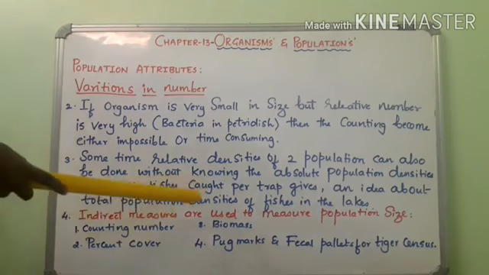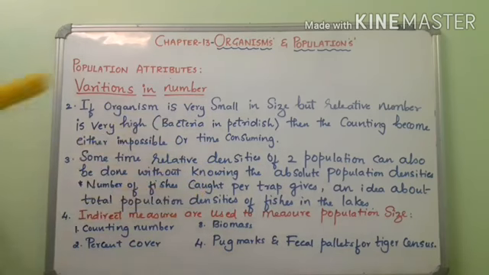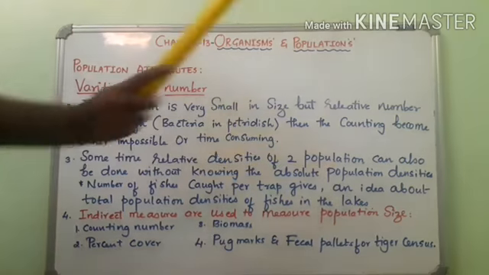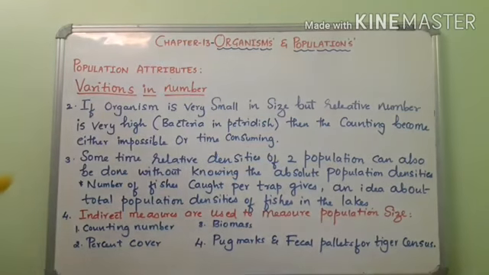Next, absolute population density is nothing but the number of organisms per unit area or volume.